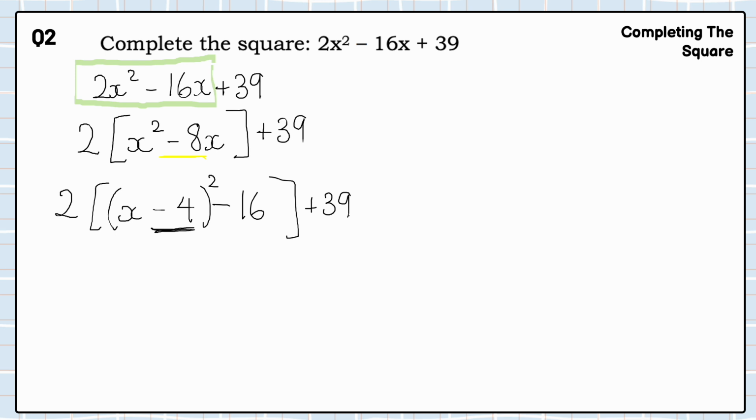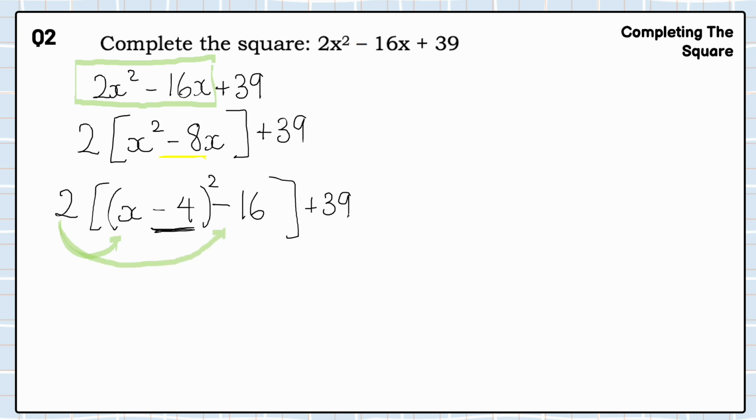So now we're going to bring this 2 back into here. So we're going to expand the square brackets. And one thing to remember is that when you are expanding the square brackets, so you're bringing 2 back in, you're multiplying this by 2, but you're also multiplying this -16 by 2.